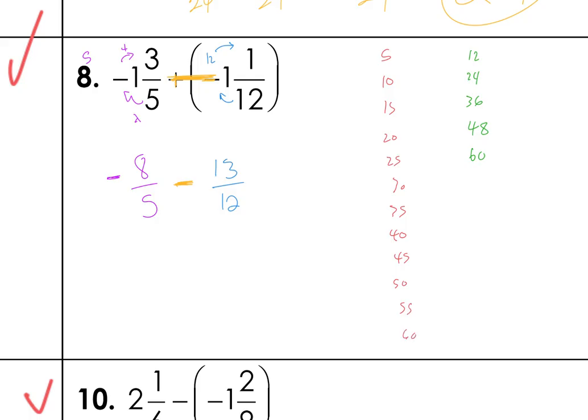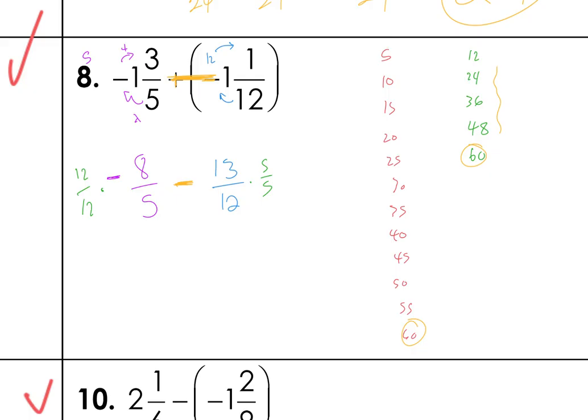So it's a little unfortunate. This is one where we're going to have to do what I called the 100% method, where we multiply this one by 12 over 12 and this one by 5 over 5. How come? Well, because there's 60 and there's 60. Nothing else is going to end in a 0 or a 5, and that's all that 5 ends in.